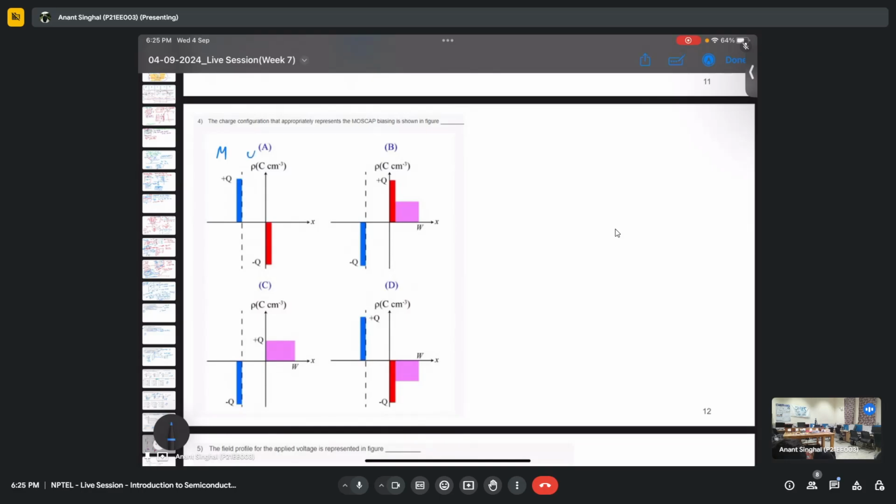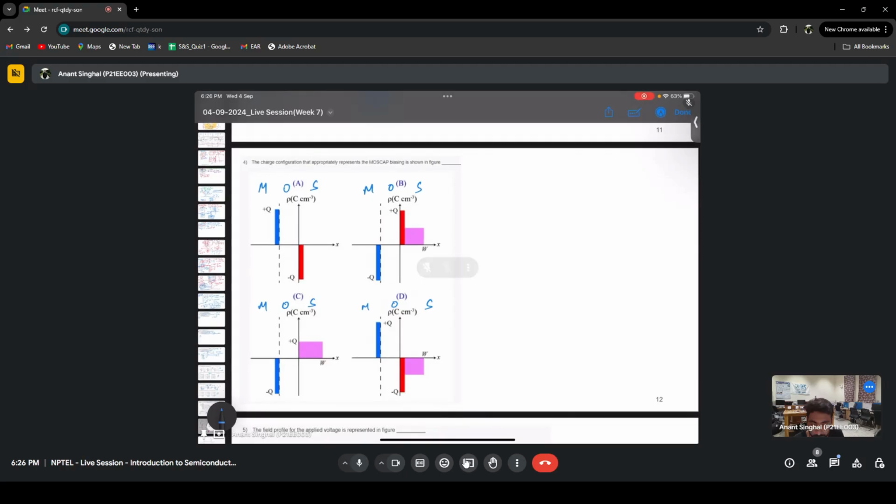This is metal, this is oxide, this is semiconductor. This is very easy if you are able to understand.